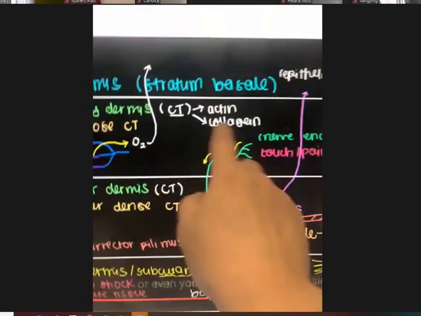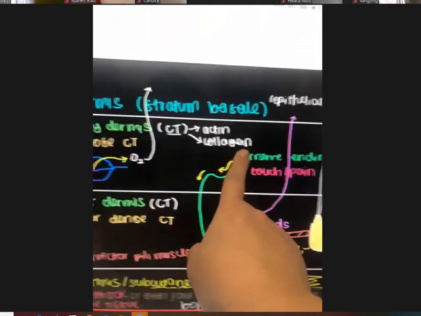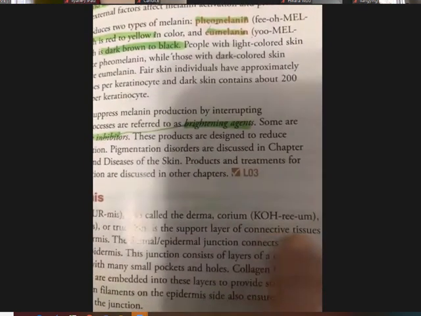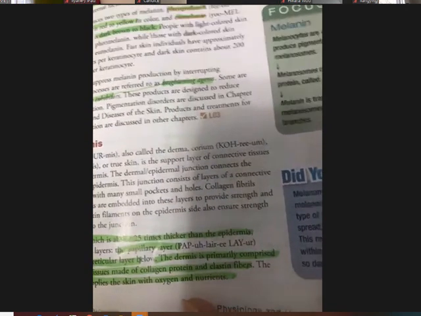The connective tissue consists of collagen and elastin. So the reticular layer has connective tissue. See here, the dermis. Your dermis is made up of connective tissue.